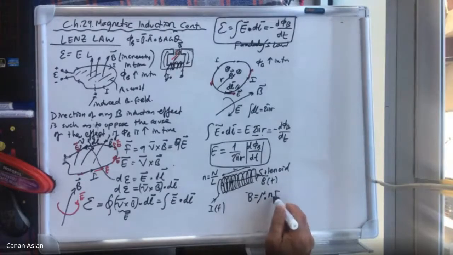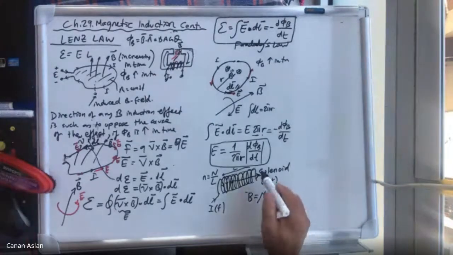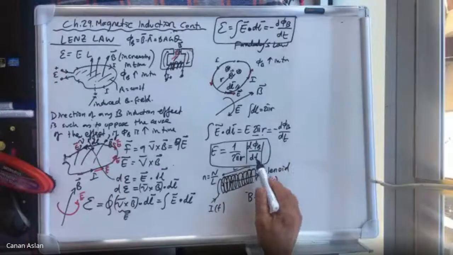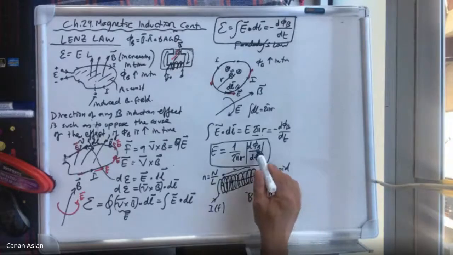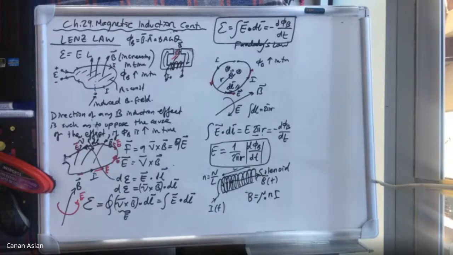So now, if the magnetic field is given by this expression, you can calculate the magnetic flux change by multiplying the time rate of this by the area. The magnetic flux will then be equal to mu 0 n I times area.